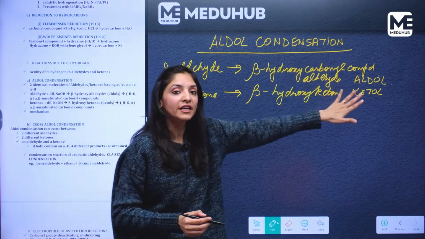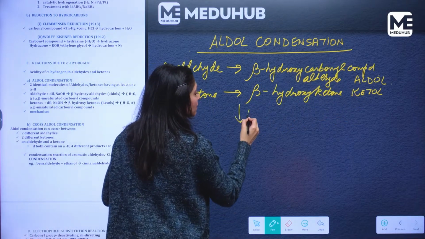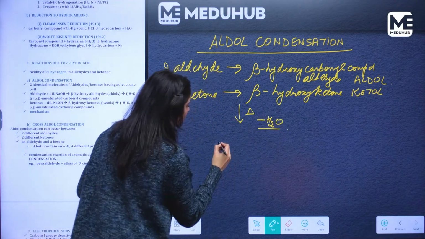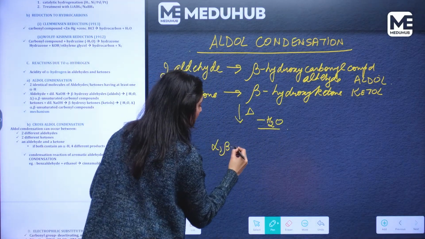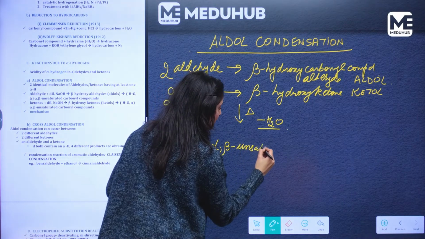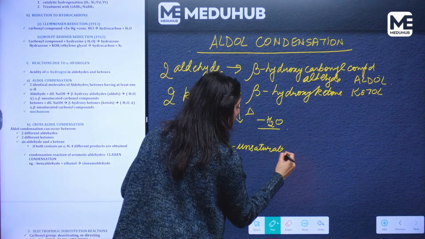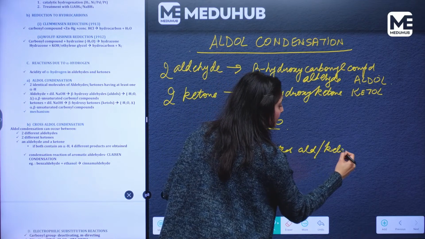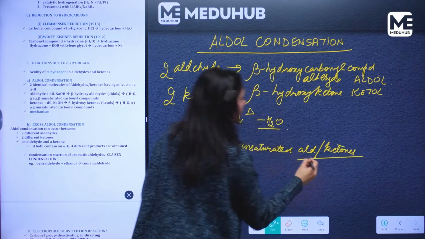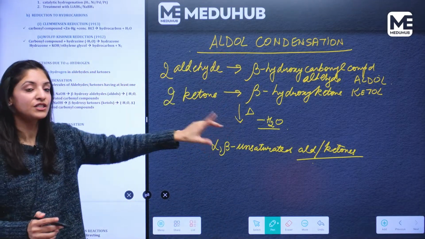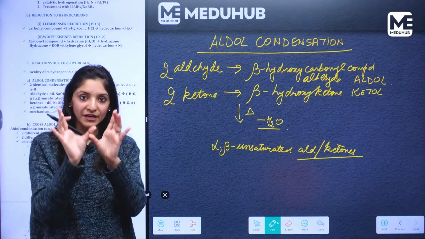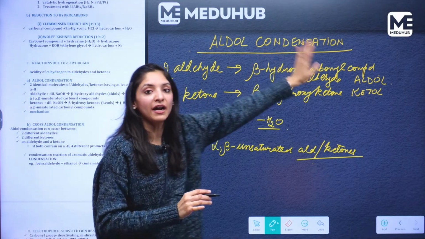Both aldol and ketols, when heated, lose a water molecule and they form alpha beta unsaturated aldehydes or ketones. So this is aldol condensation. First two molecules of say an aldehyde combine together, they will form an aldol.